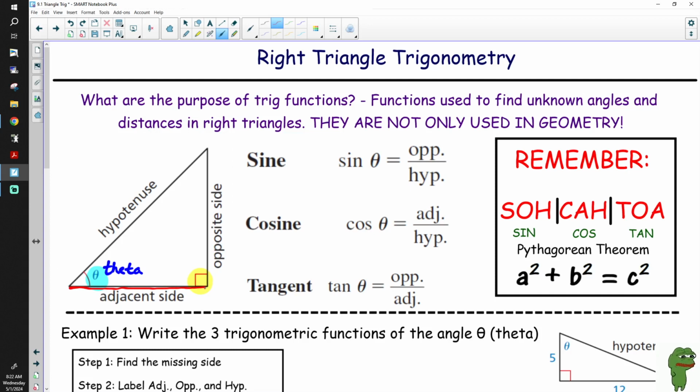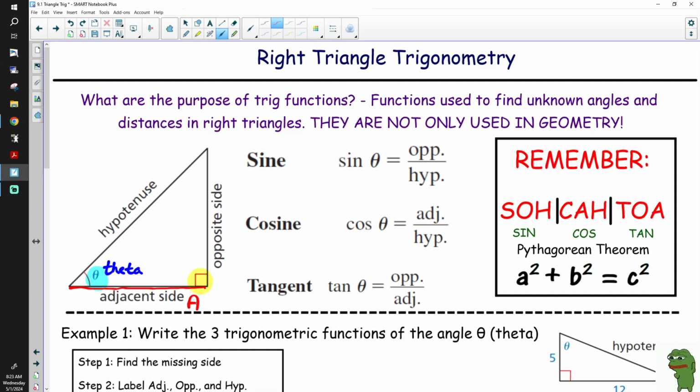So the short side touching our theta is the adjacent. We usually, for short, will call it side A. The adjacent side. It's next to our theta.